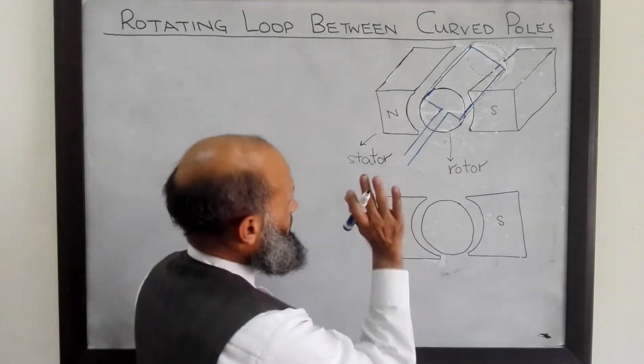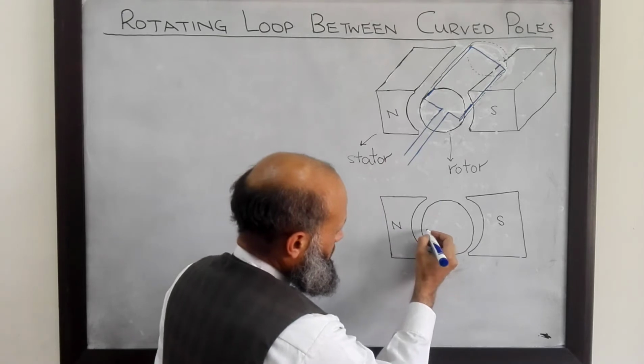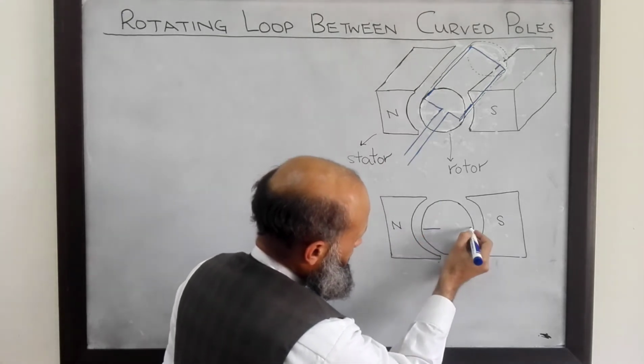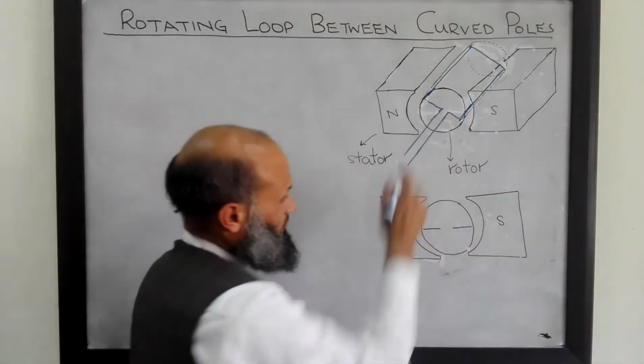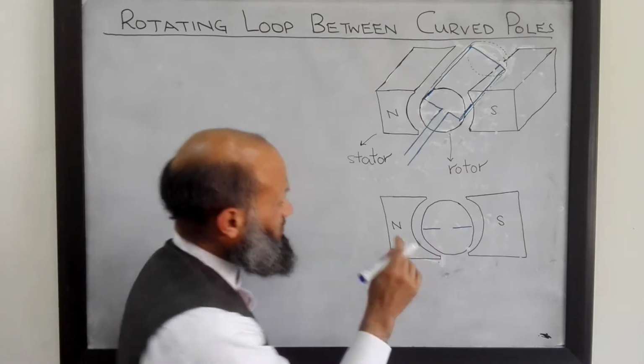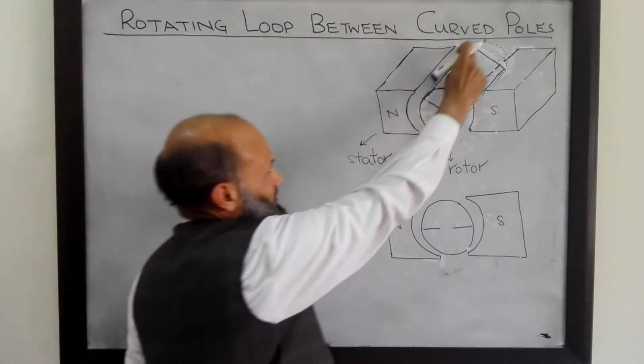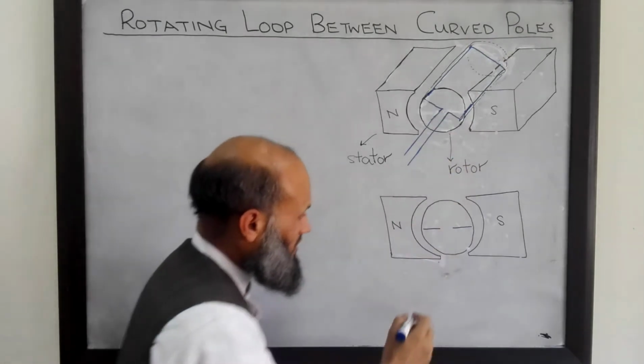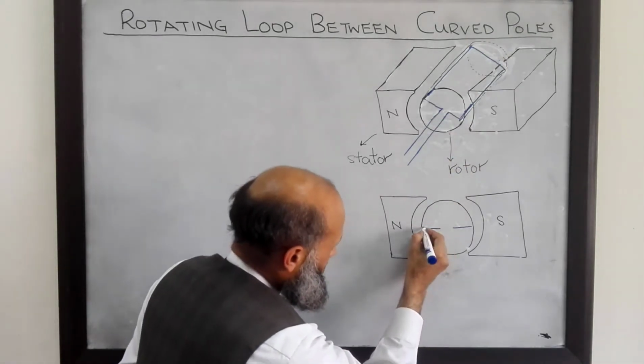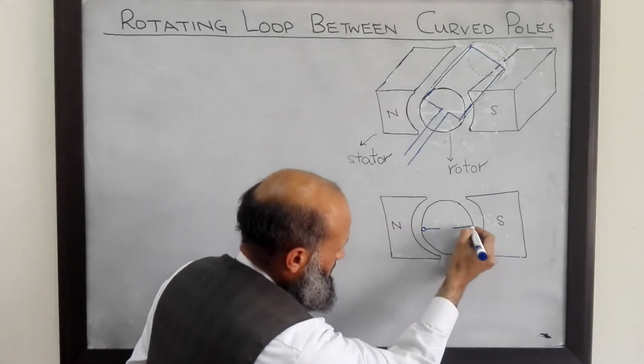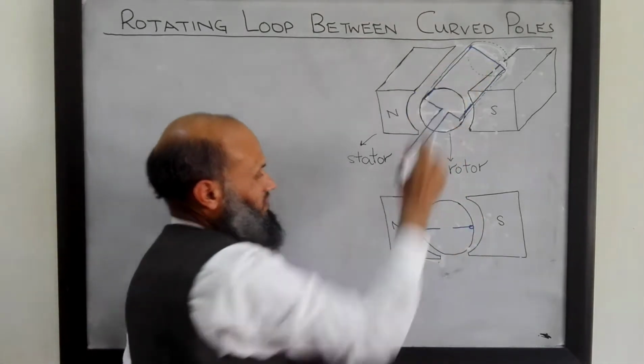conductor, and if we look at it from the front, we shall only see the front side of this coil, and these sides and the back sides will not be visible, so let's show them by small circles, the sides of the conductor.